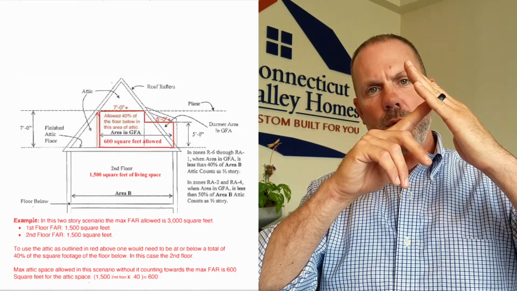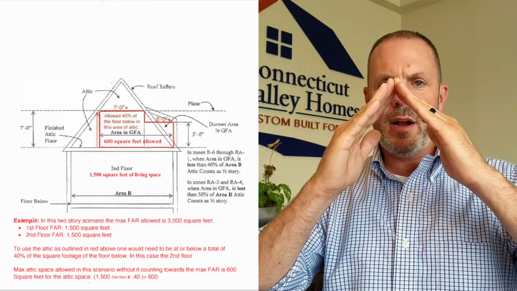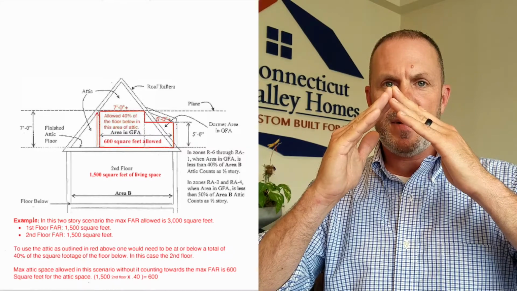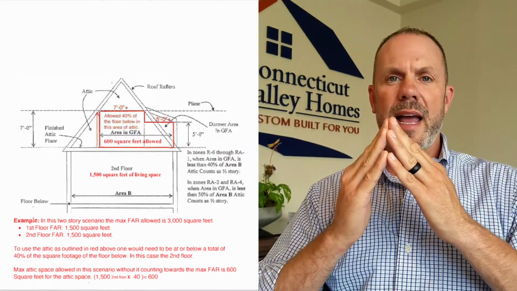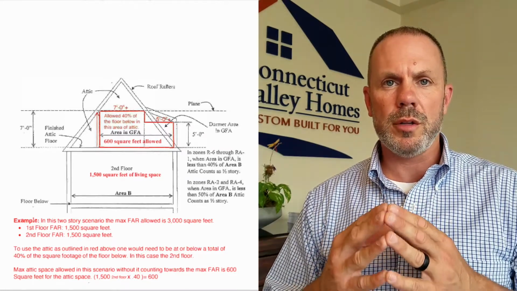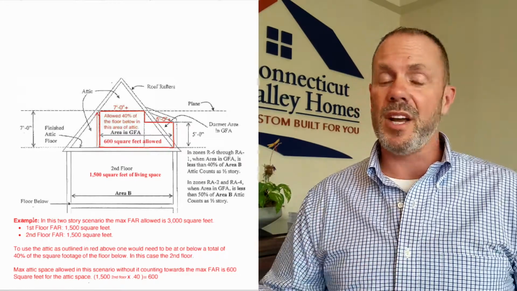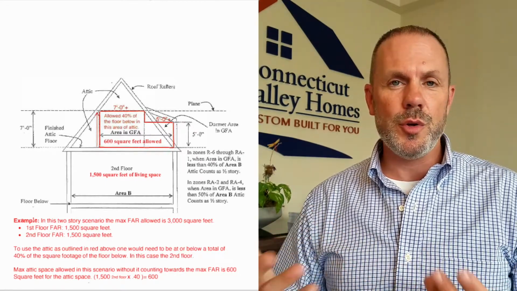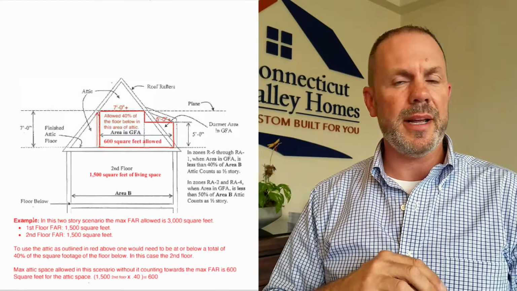And that 7 foot mark on this side and on this side, everything in between that area that is above 7 feet, in other words, you're not going to bang your head if it's above 7 feet unless you're really tall, would count in this 40% range. As long as you are under the total 40% or 50% calculation based on your zone, it doesn't count towards your FAR. You can use the space however you'd like to use it, whether it's 7 feet, 8 foot in that area, it does not matter.